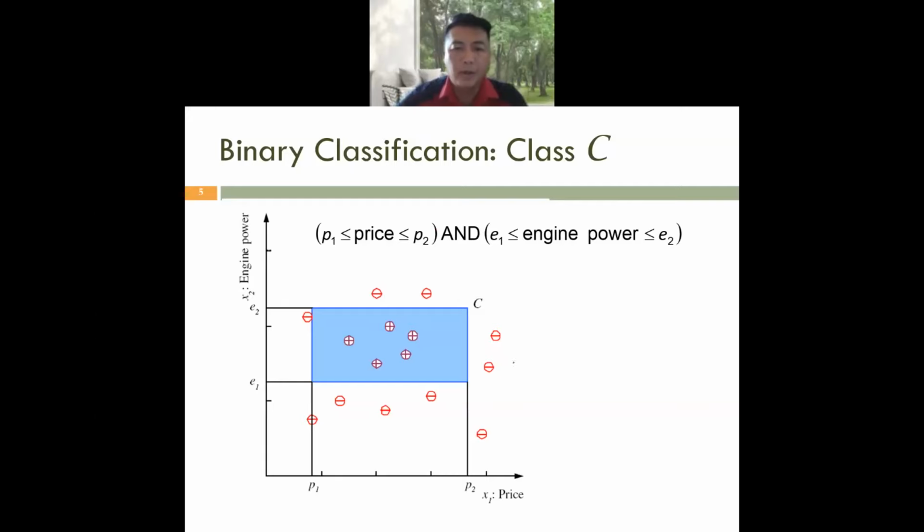Over here we are saying that as long as the price is greater or equal to P1 and less than or equal to P2, which is this range, and as long as the engine power is greater or equal to E1 and less than or equal to E2, which is this range, then we consider them as positive.